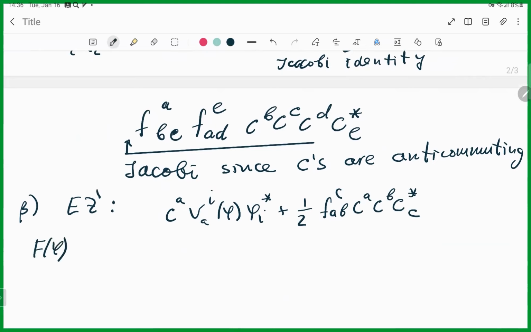Here I just put the function to be 0. Easy prime is almost the general case.